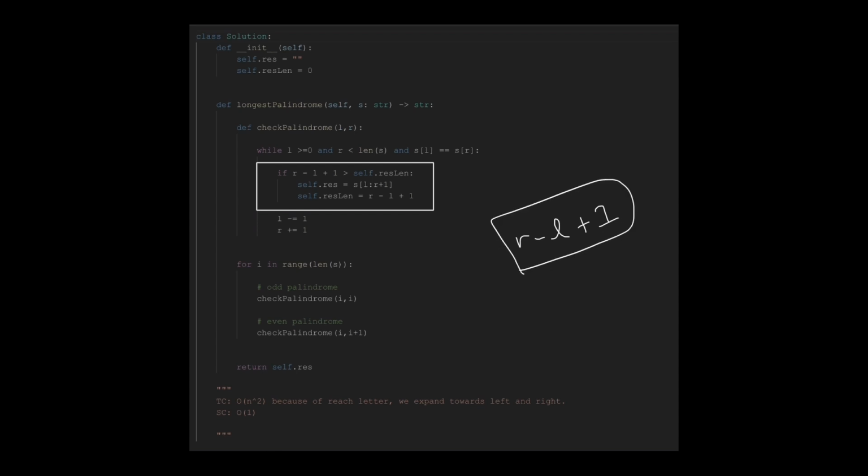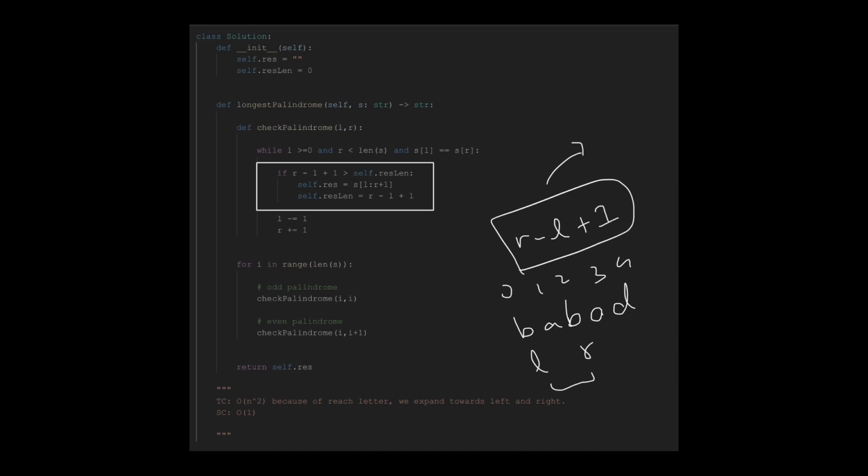Now we get r minus L plus 1 as the window length because if you see our example, which is PABAT, initially, let's say our L pointer is here and our R pointer is here. At this point, our window length is 3, and we start from 0, 1, 2, 3, 4. Our L is at 0, R is at 2.